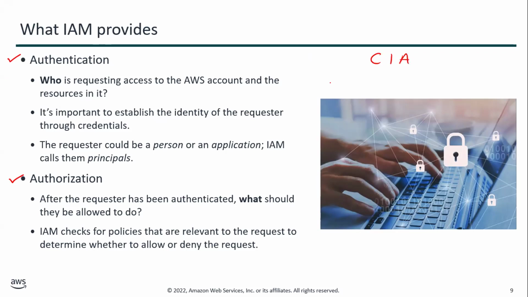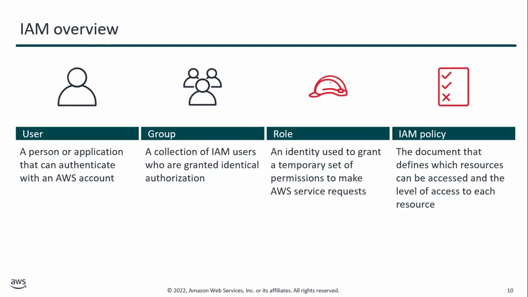So here we have authentication, like who is accessing. Authorization is whether the particular user has access to that or not, whether the user is allowed to perform that activity or not. So both are part of IAM, identity access management, itself.